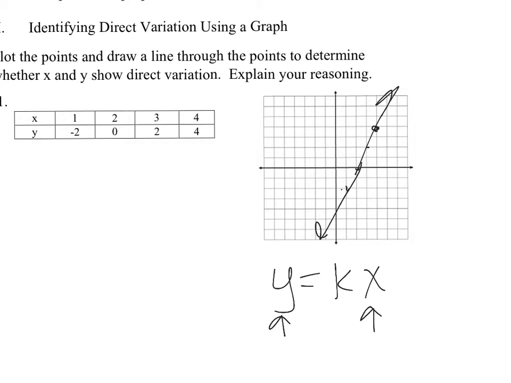Like I take x and either multiply it by 3 to get y, or divide it by 2 to get y, or multiply by 17 to get y. Direct variation is always going to go through the origin, which is the point 0, 0. So because this does not go through the origin, and because my points are not proportional to one another, this one does not show direct variation.